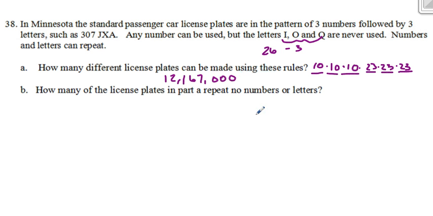The next question asks us, well, how many in part A repeat no letters or numbers? So in that case, my first still has 10 options, but I only have 9 for the second and 8 for the 3rd spot as I use up numbers. Letters, I still have 23 available here. Once I use that up, I'm down to 22 and 21.